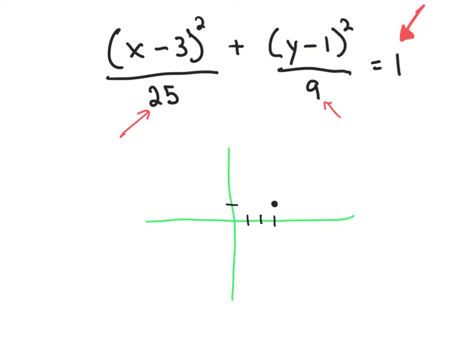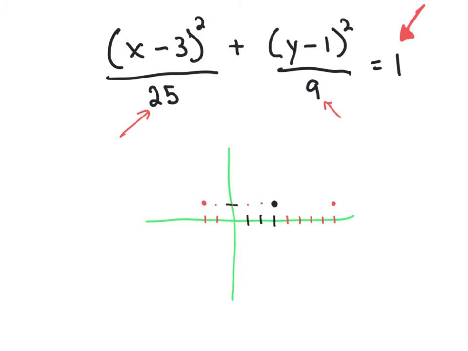Well, of course, 25 is. So we're going to square root 25. That's going to give me 5. So I'm going to go 1, 2, 3, 4, 5 to the left, 1, 2, 3, 4, 5 to the right. And that is where we're going to put our 2 points.